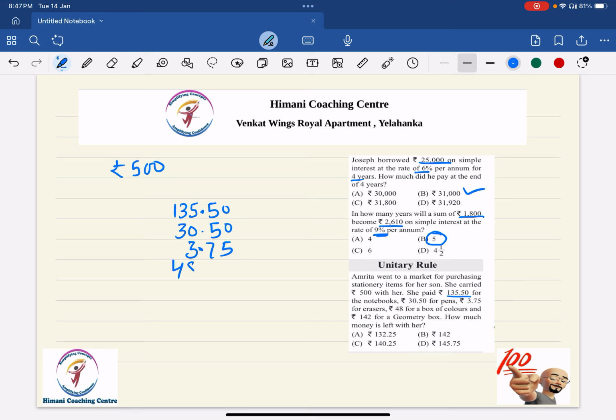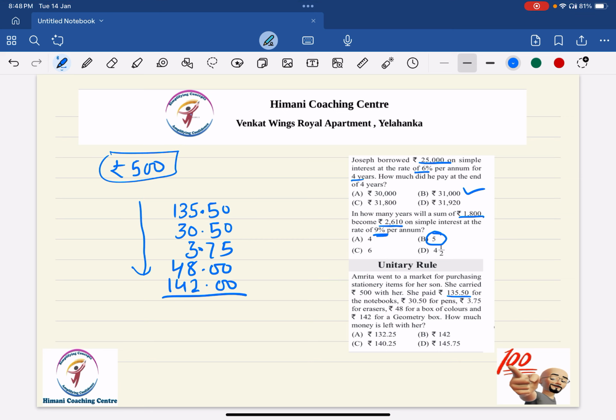So 48.00, and 142 rupees for geometry box. So 142.00. Now the question is how much money is left with her. She has 500 rupees.